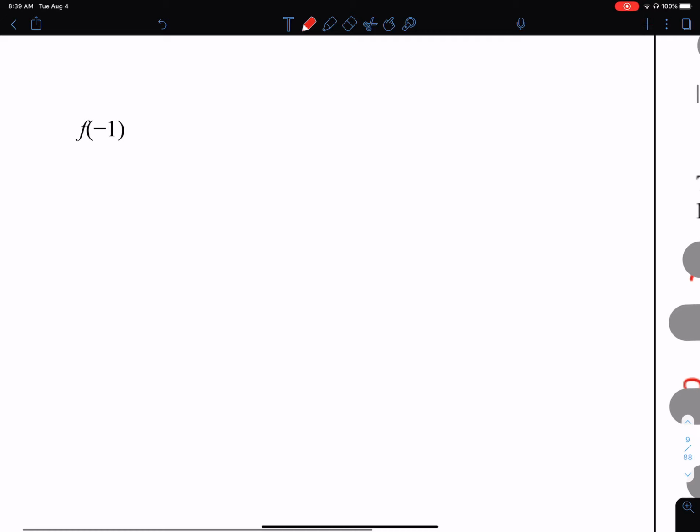F of negative 1. So we have our function, negative 2 times the sum of x plus 3 squared plus 4, substituting in a negative 1. Now normally I don't use parentheses inside of parentheses. My typical mode is to change the outer ones to brackets. Some people get freaked out by that.